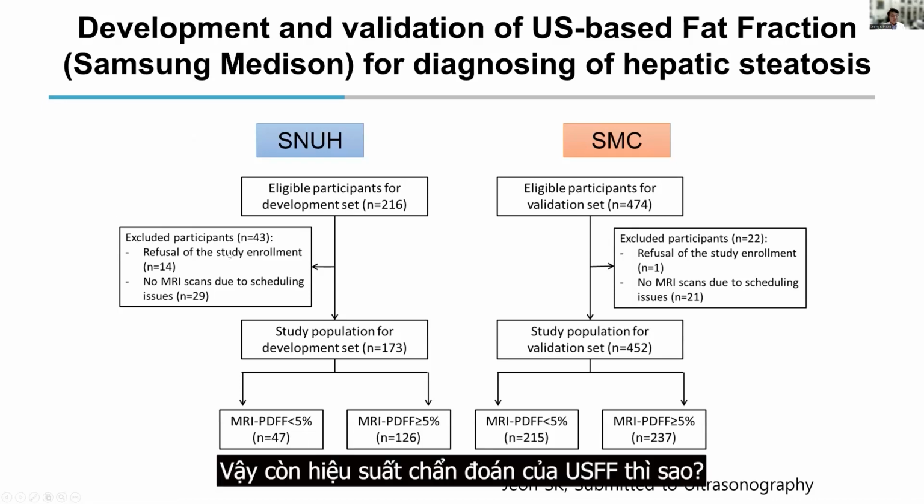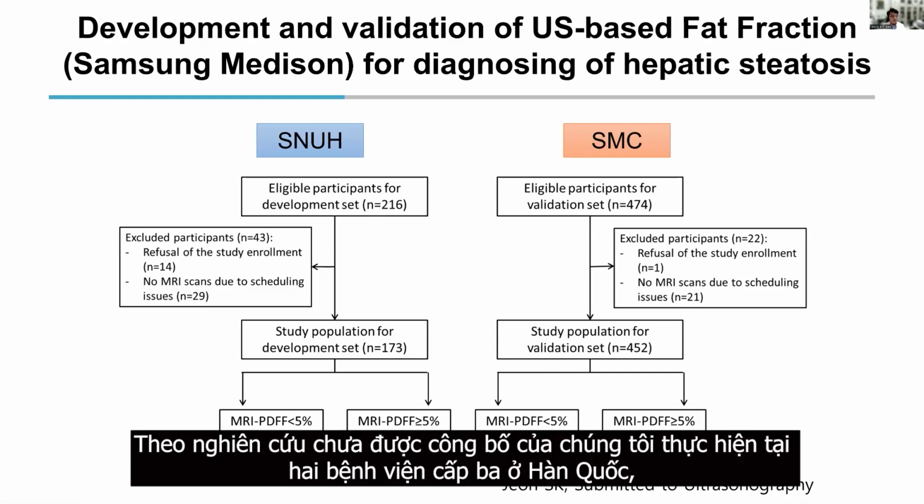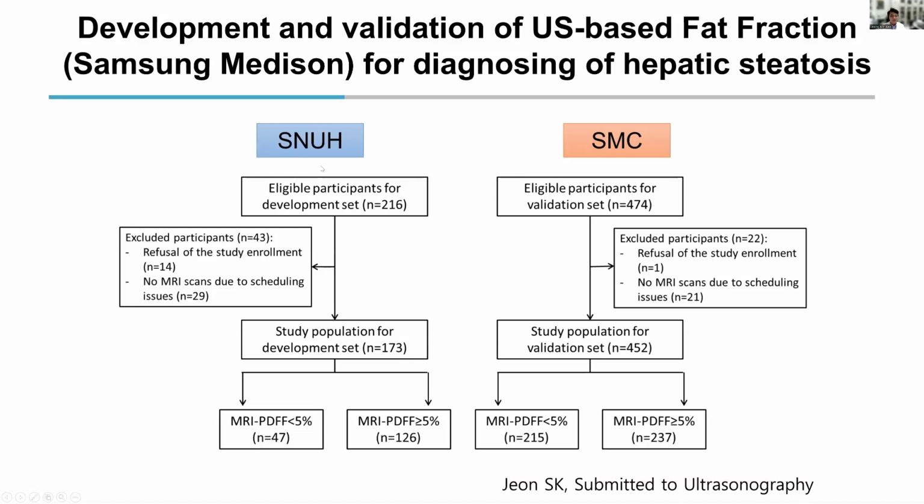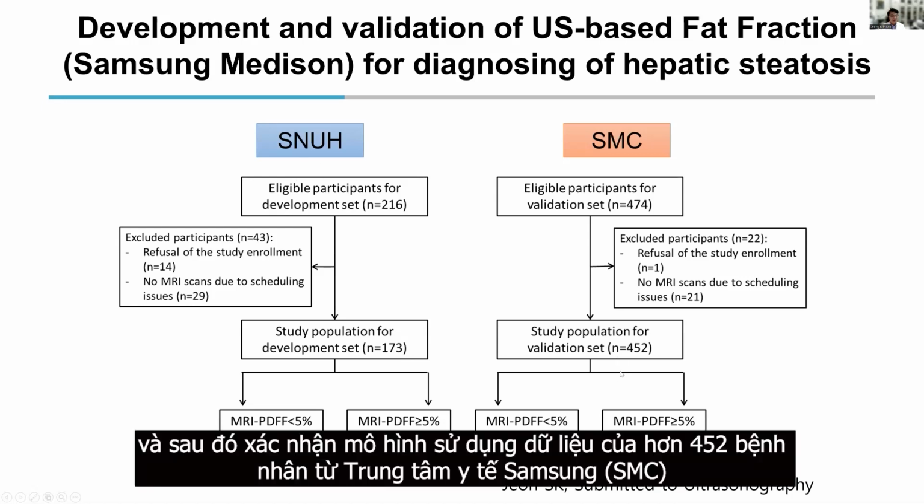Then how about diagnostic performance of USFF? According to our unpublished research performed at 2 tertiary hospitals in Korea, we developed a multiple logistic regression model using 173 patients from SNUH, and then validated the model using the data of 452 patients from Samsung Medical Center.